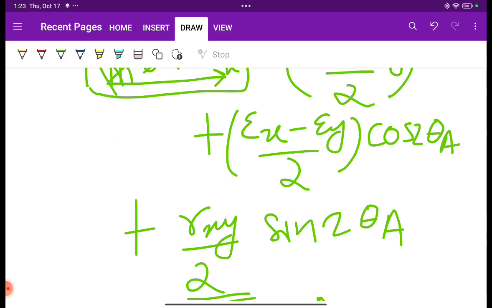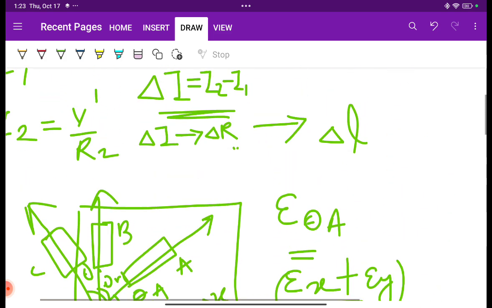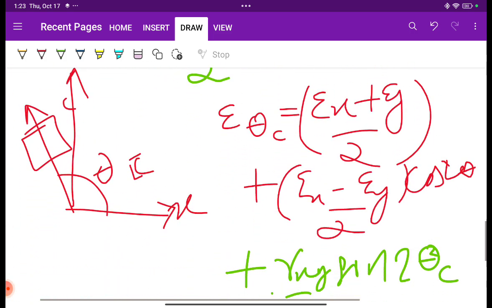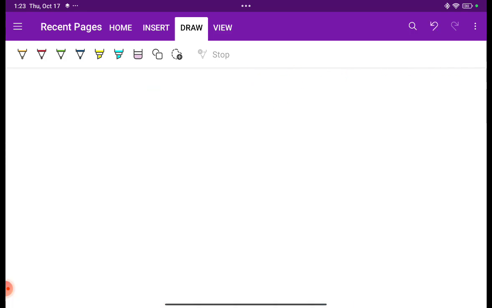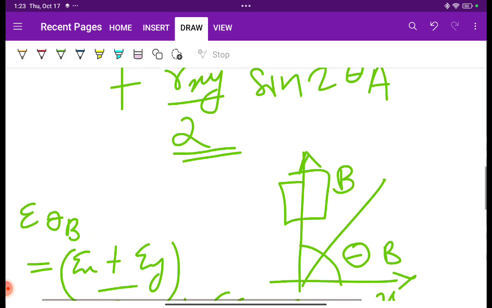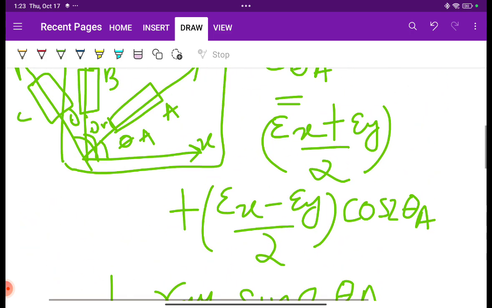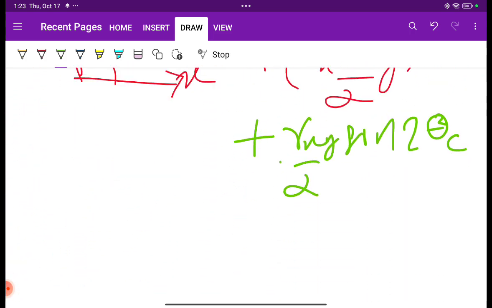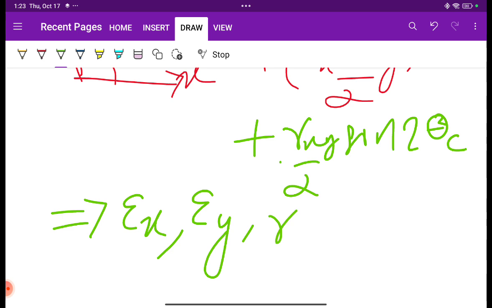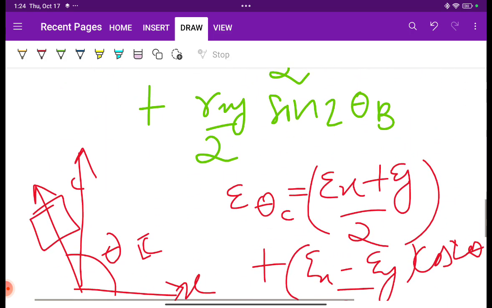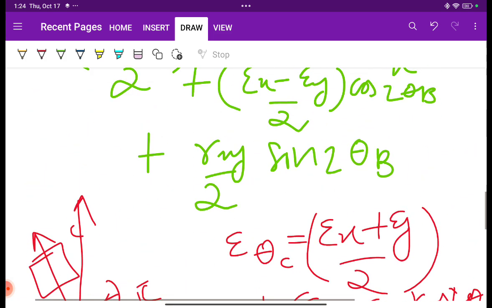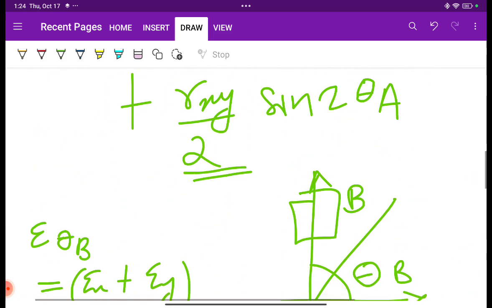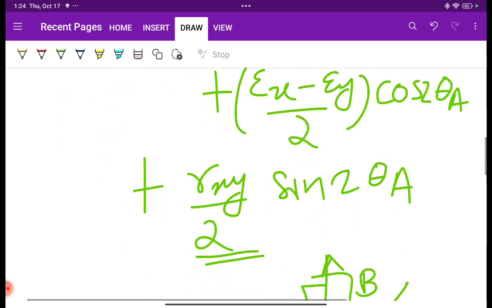By solving these three equations, with the strains at angle theta A, theta B and theta C measured by the strain gauges, the unknown values can be found, which are epsilon x, epsilon y and gamma xy.